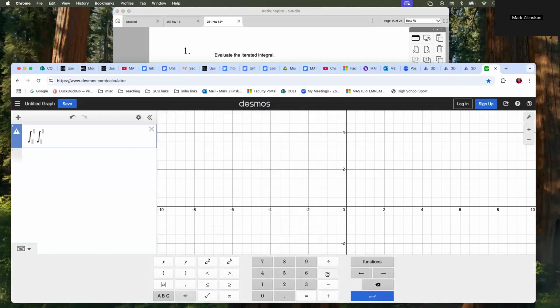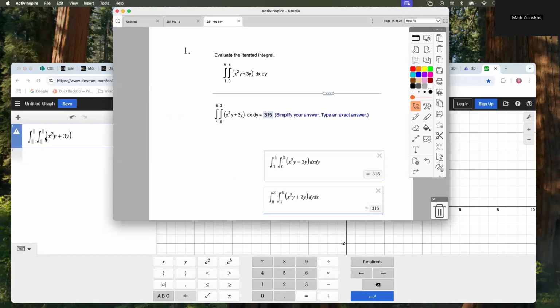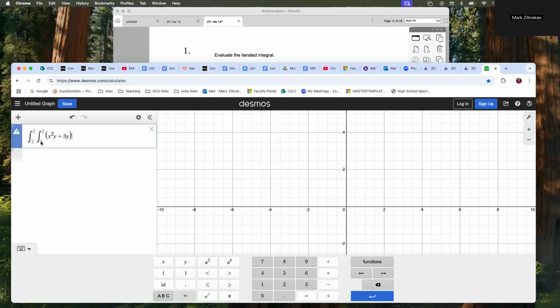x squared y plus 3y, and I'll close my parenthesis there. Then I've got to get the inside going from 0 to 3 and 1 to 6. So I go 0 and 3 and 1 and 6.